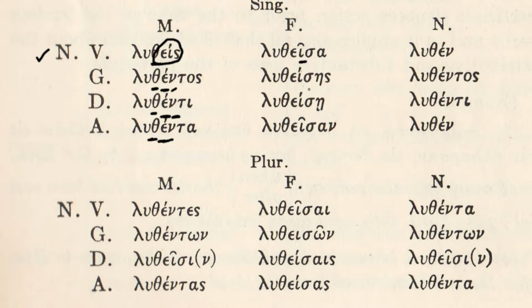Similarly here, luthesa, we have of course a short ultima, and a long accented penult must have the circumflex. So luthesa, lutheses, luthese, lutheson. That's the first declension, or the feminine form of this declension. And then finally we have luthen, luthentos, luthenti, luthen, which is the neuter.